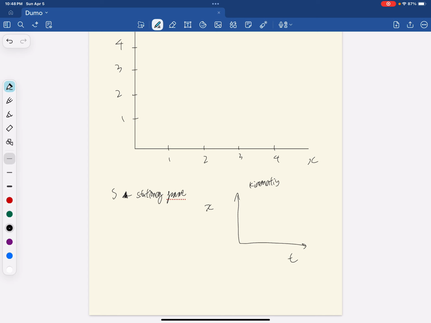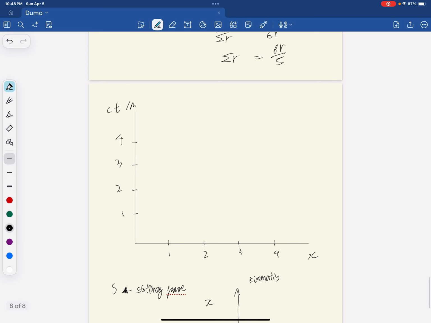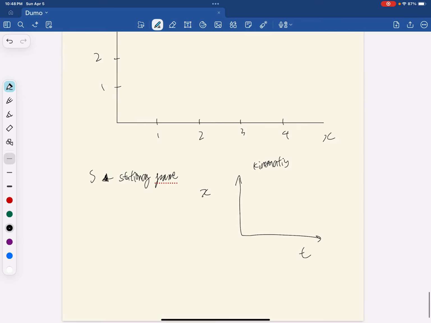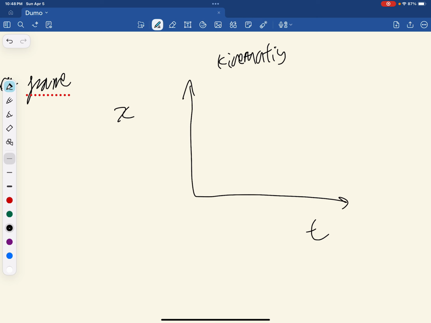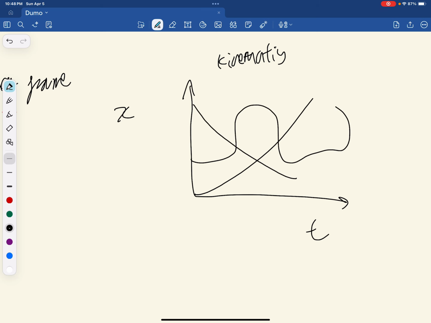A world line is just a line on the space-time diagram that shows the movement of an object. For example, let's jump to a kinematics diagram really quickly. We can use all kinds of different lines to denote an object moving around, right? We can do something like this, something like that, something crazy like this.